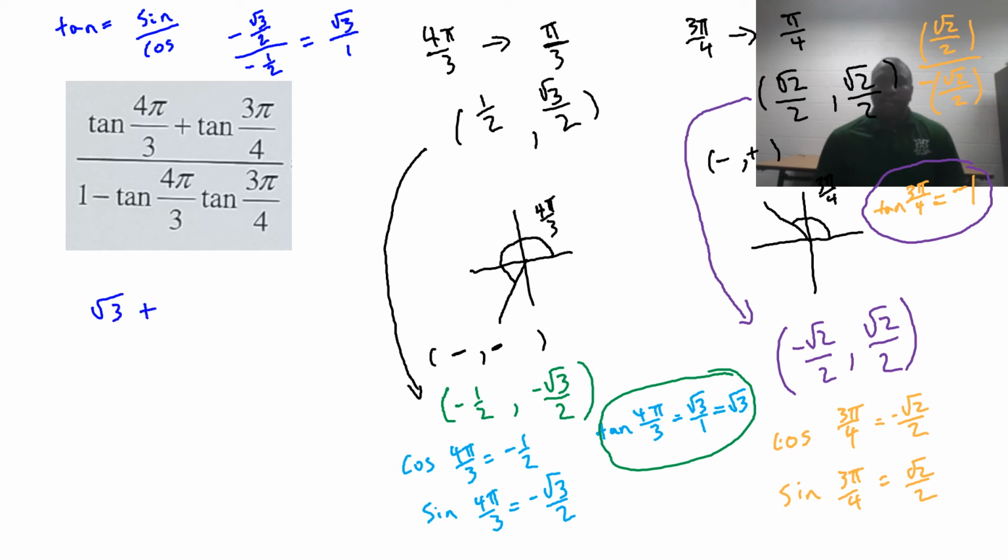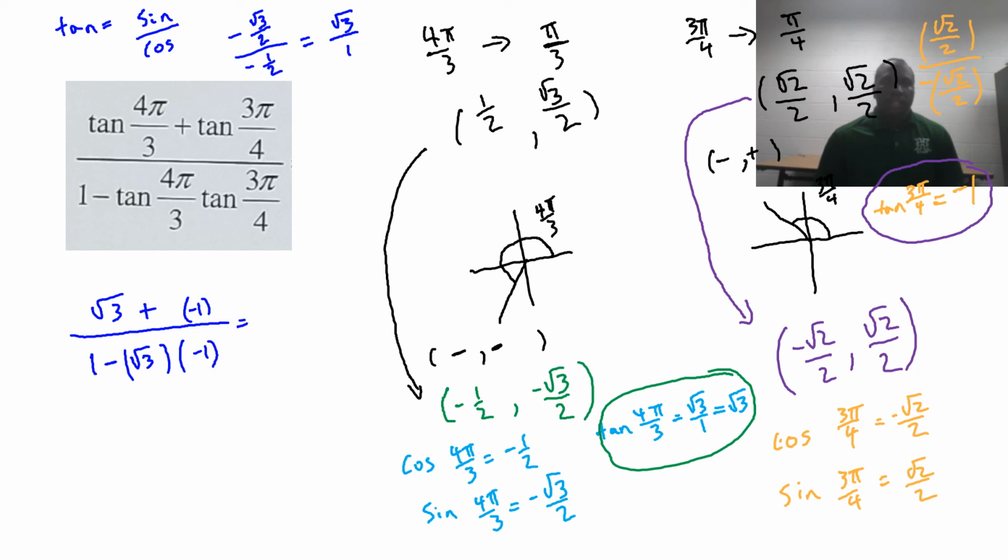Tangent of 3 pi over 4, we said was negative 1. Then in the denominator, we have 1 minus, again, the tangent of 4 pi over 3, which was radical 3, multiplied with the tangent of 3 pi over 4, which is negative 1.